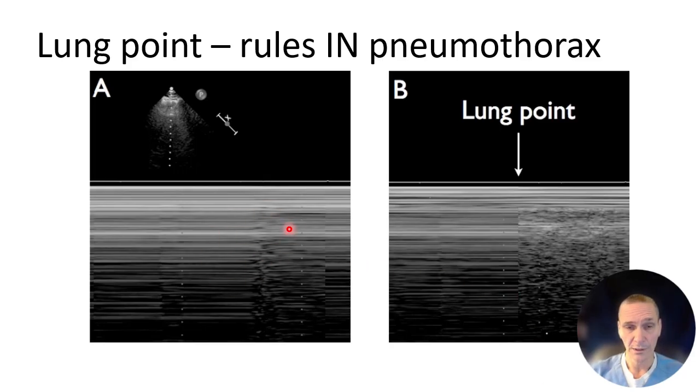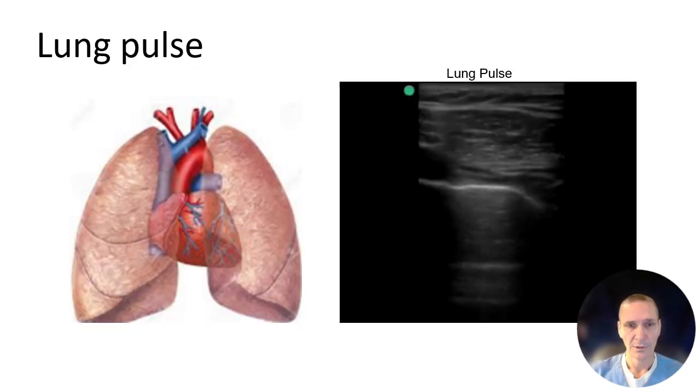Here's lung point captured in M mode, so barcode sign here, suggestive of a pneumothorax here, and then this captures the lung point on M mode. Finally, if you see any movement at all, this particular movement is called lung pulse.